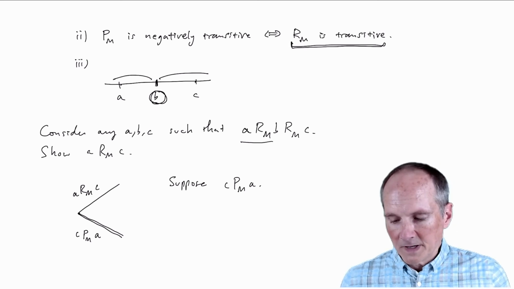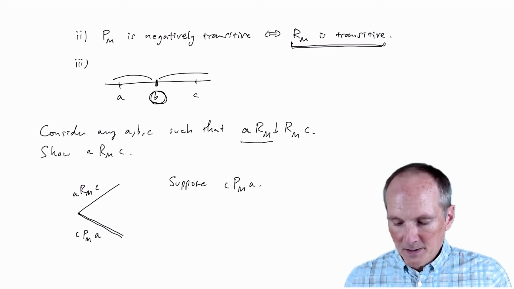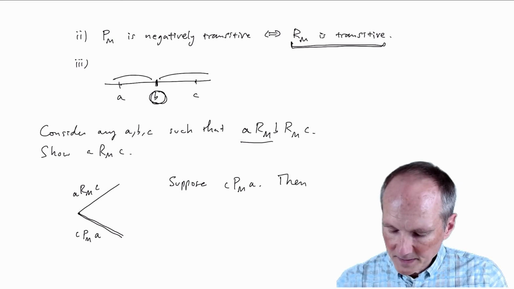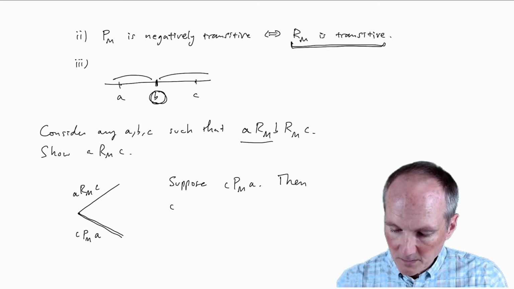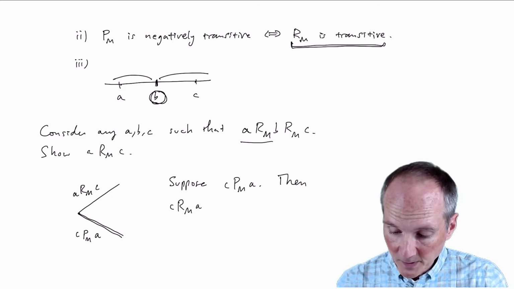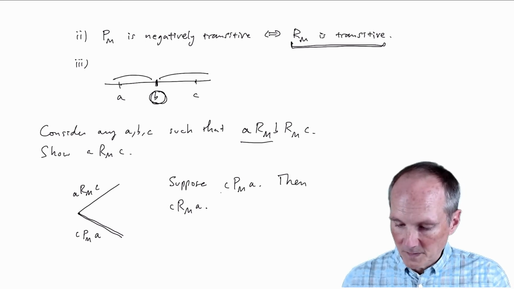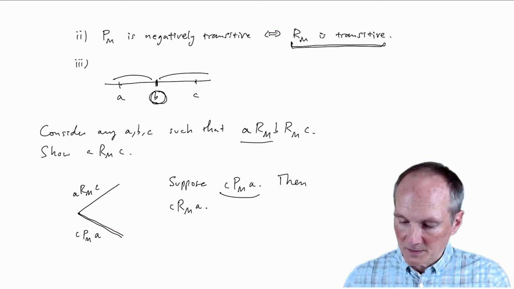Obviously, if C beats A, then A cannot beat C, and so of course that means that C is weakly majority preferred to A as well. Okay, right? That's just saying A does not beat C. And that's implied, assuming that C beats A.